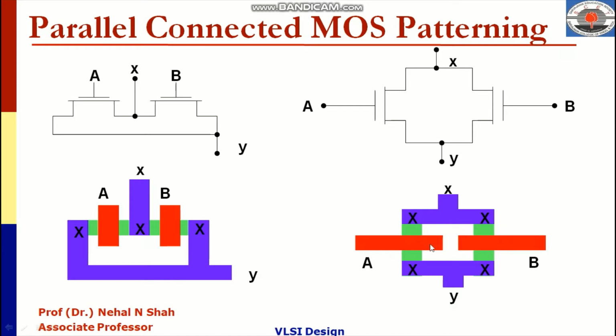In other layout, horizontal gates are shown. In this, two ends of both the transistors can be connected in parallel. So, depending on our requirement, we can choose any one from given pattern.